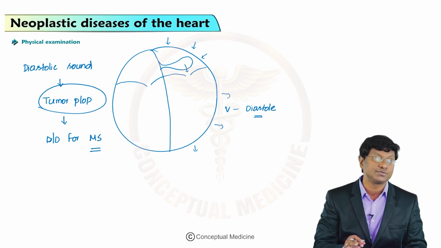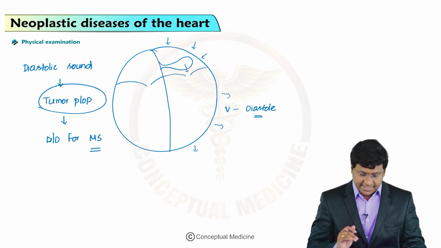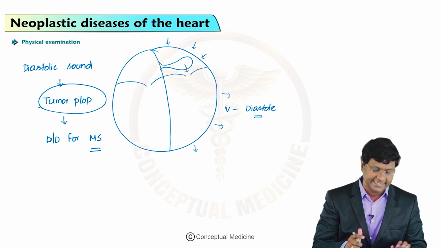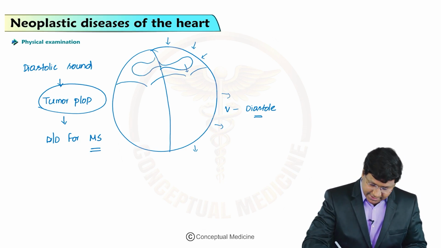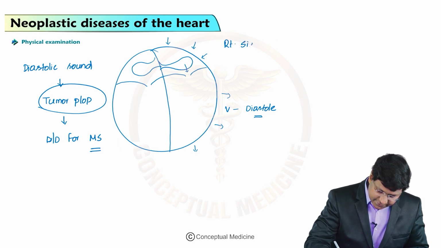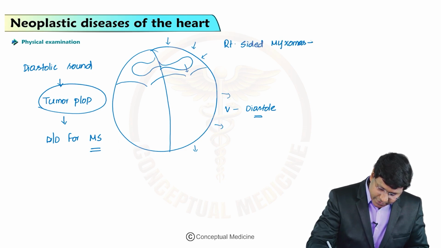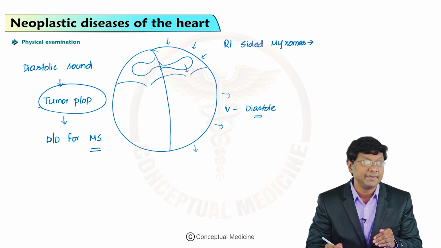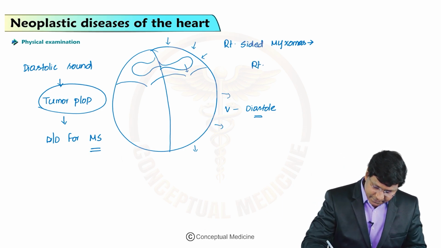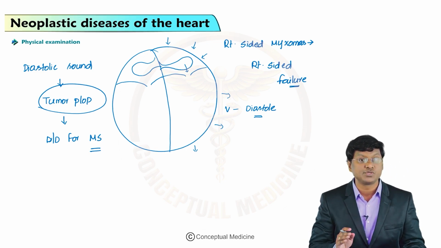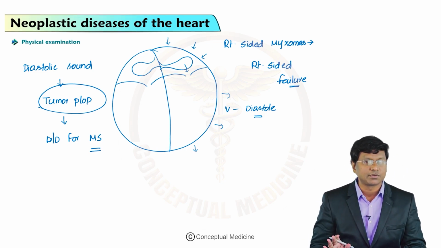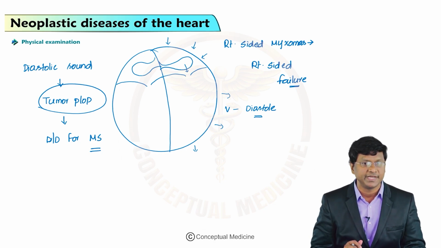And for example, if the myxoma is on the right side, then right-sided myxomas may cause the symptoms of right-sided failure. So that is about the physical examination findings in patients with atrial myxoma.